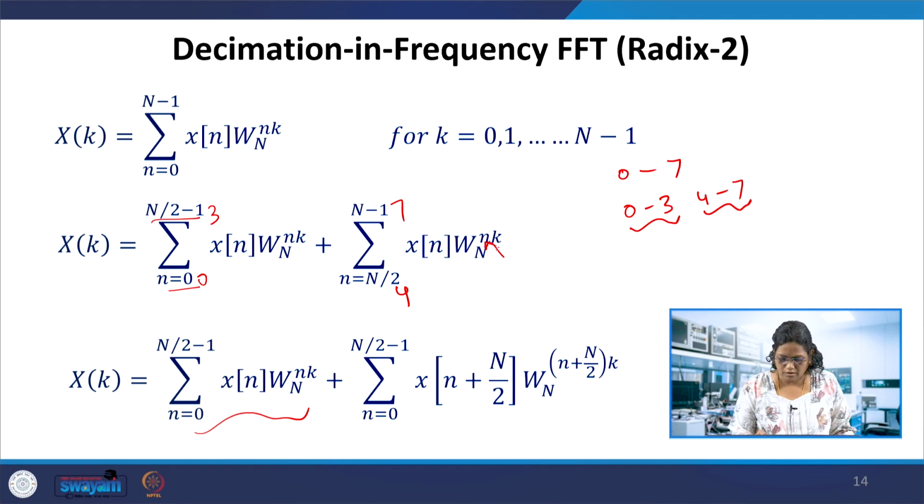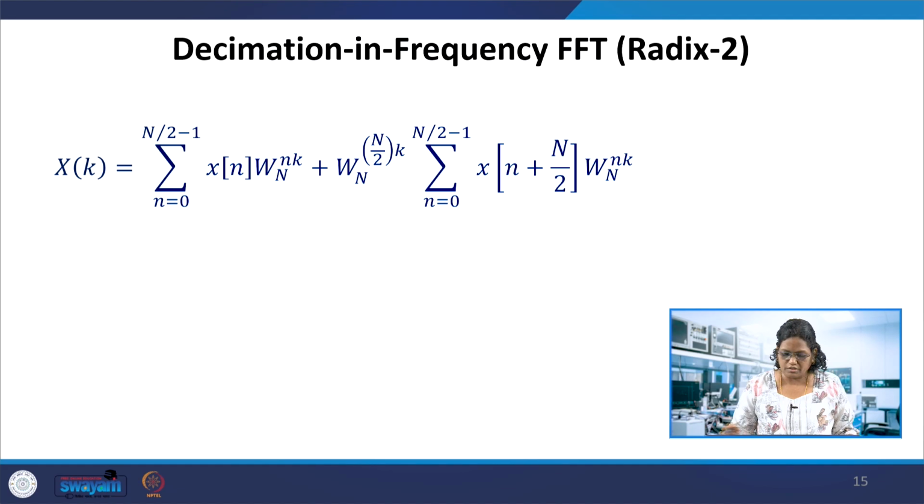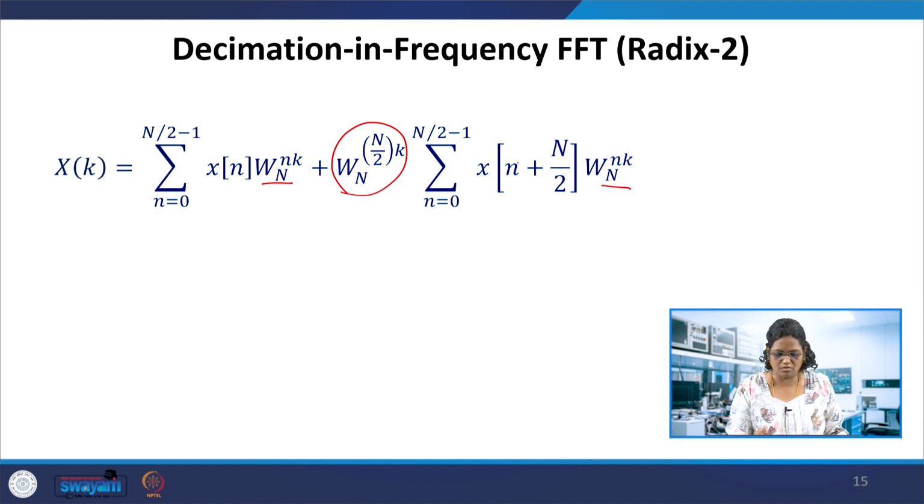Modifying these, n plus N by 2 and n plus N by 2, we get the simplified form of the equation here. So n plus N by 2 is taken outside the summation. Now these two are equal, since we have these two real factors, and only the samples need to be changed here.